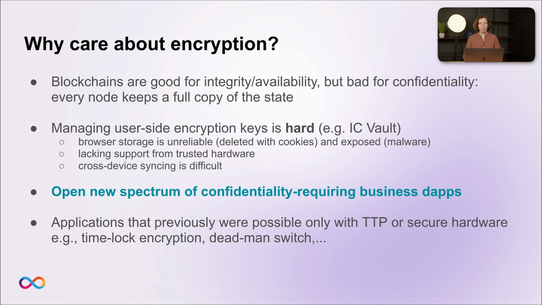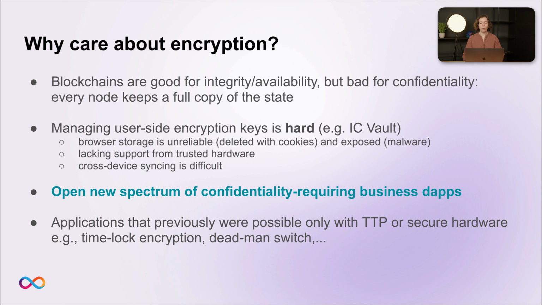Okay, then let's dive in and see a bit more what we mean about enabling privacy-preserving applications on the IC. So I guess first it's good to think a bit for a second why we even care about encryption. As I said, anytime you use the internet, anytime you do anything these days, encryption comes into it in some shape or form. And the same happens when you use blockchains.